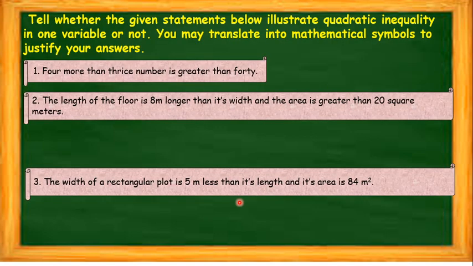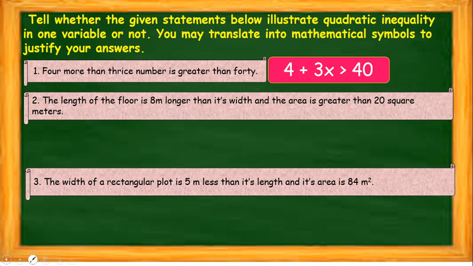Now, tell whether the given statements below illustrate a quadratic inequality in one variable or not. You may translate into mathematical symbols to justify your answers. Number 1: 4 more than thrice a number is greater than 40. Let's represent this as a mathematical expression. 4 more than, I use the addition symbol.